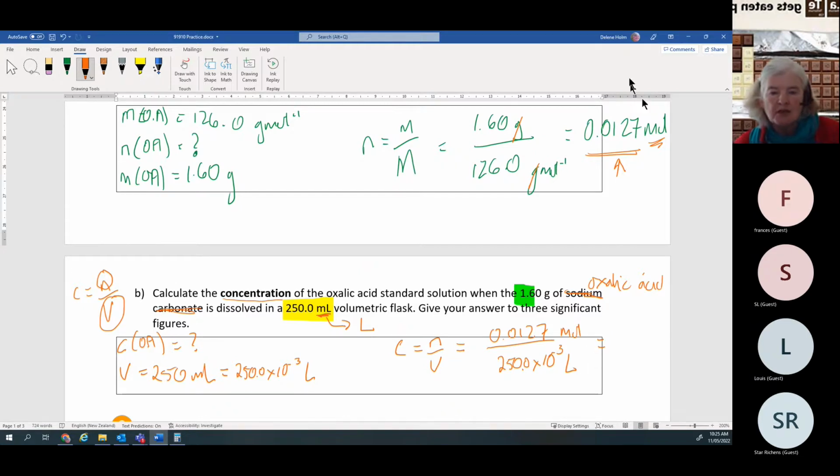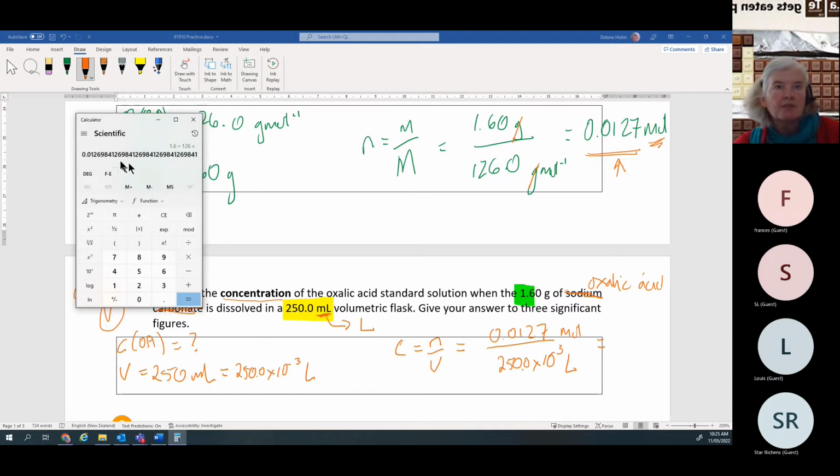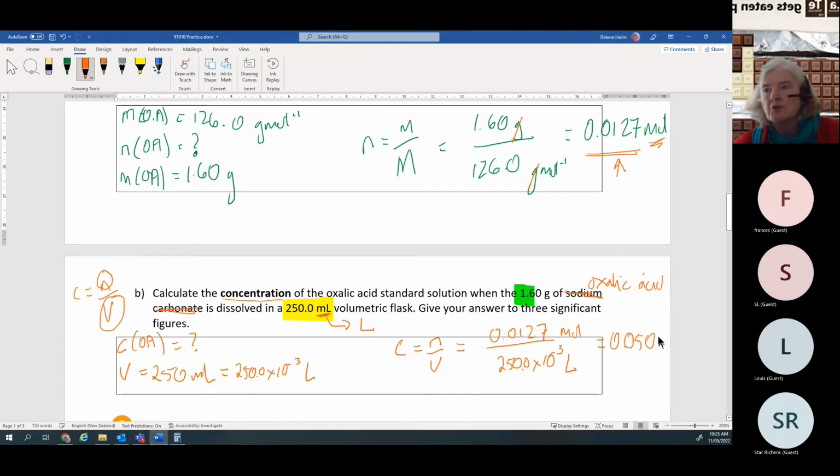And so if I use my calculator, I've kept all those figures in there, divided by 250 exponential 3 minus equals. And so you can see I've got an answer of 0.05079. Again, the 9 changes the 7 up to an 8. So that is 0.0508. And the units would be mole per liter.